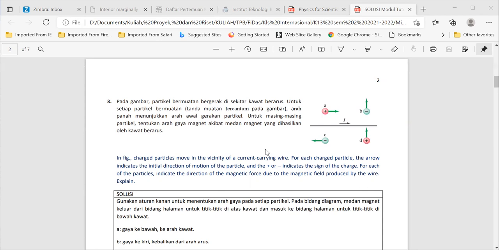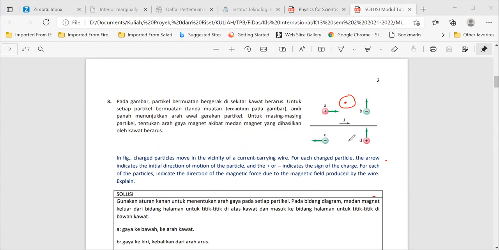Okay, so for particle A, the direction of the magnetic field is out of the page.